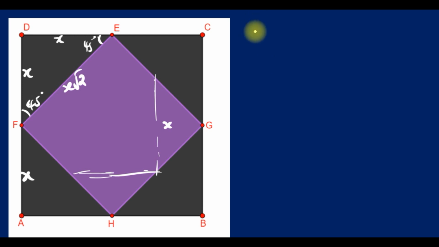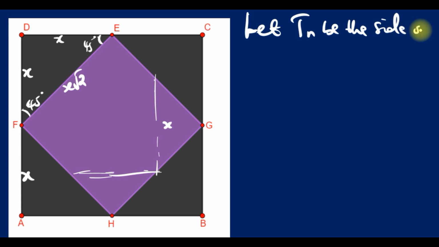So let's assume MN is the side of the biggest square, that's the longest side here.